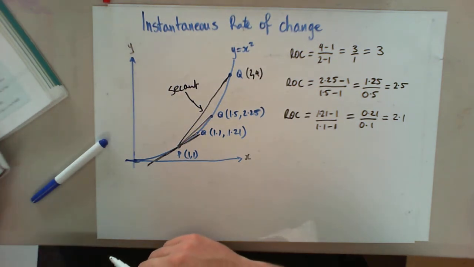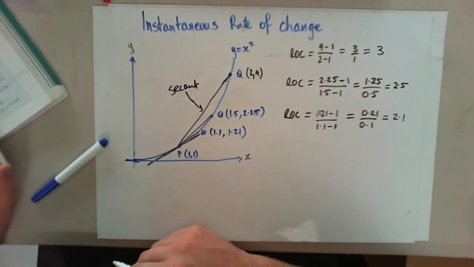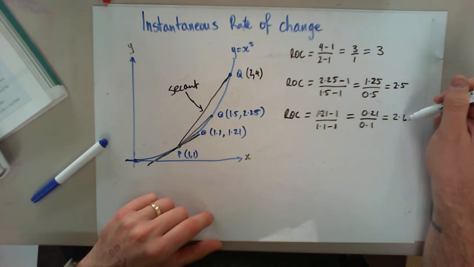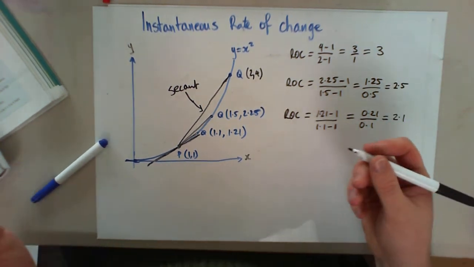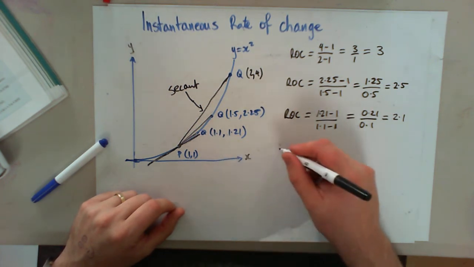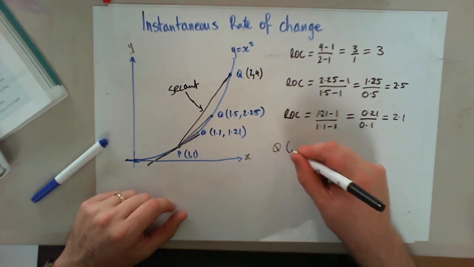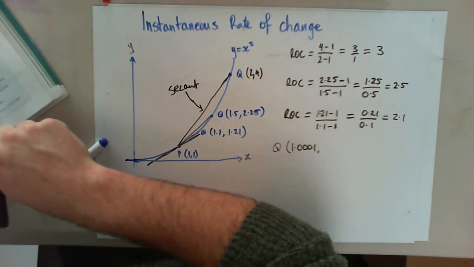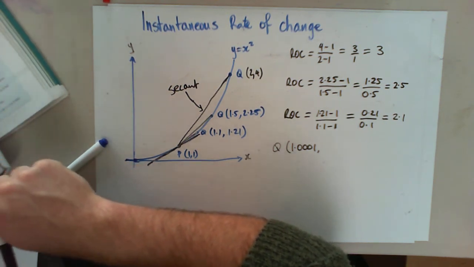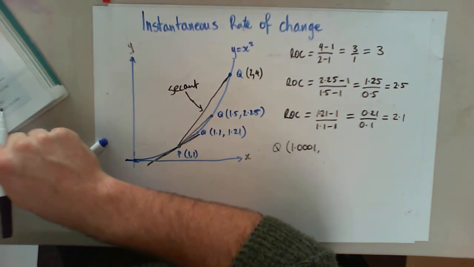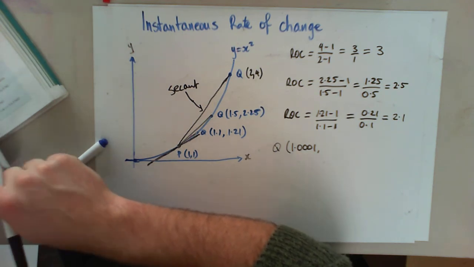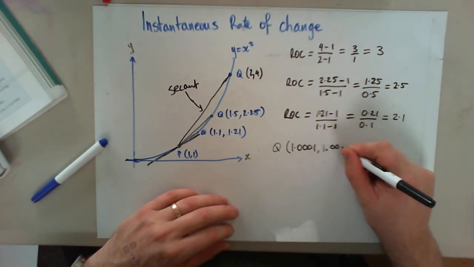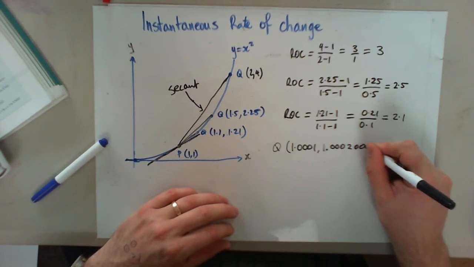We can simulate this on our calculator quite simply. We could set up a table to keep working out some values. So you see we've gone 3, 2.5, 2.1. If we keep going, let's say we went really close and we said now we're looking at Q being the point 1.0001. When we do that, we get a value for y of 1.00020001.